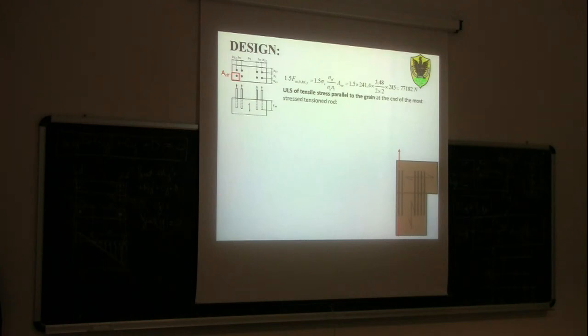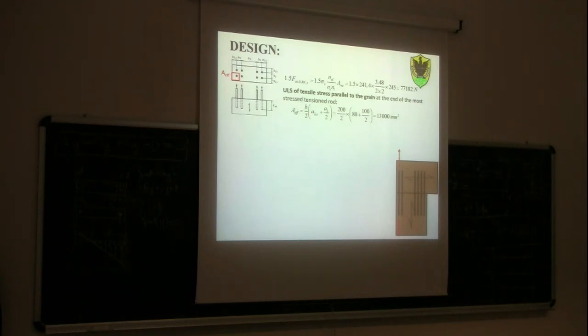And we need to calculate the stress in the timber at the end of the rods. So we need to take a kind of tributary area of the wood surrounding the most loaded rods, AEF, which is half of the breadth of the cross section times A2C plus A2 divided by 2.